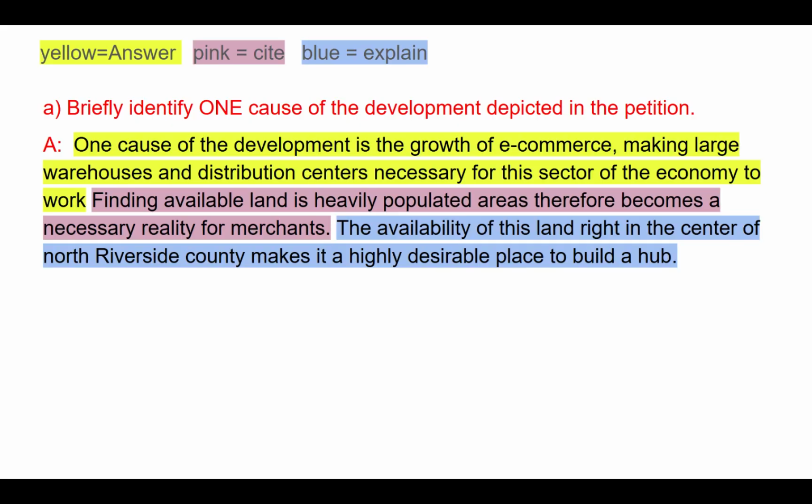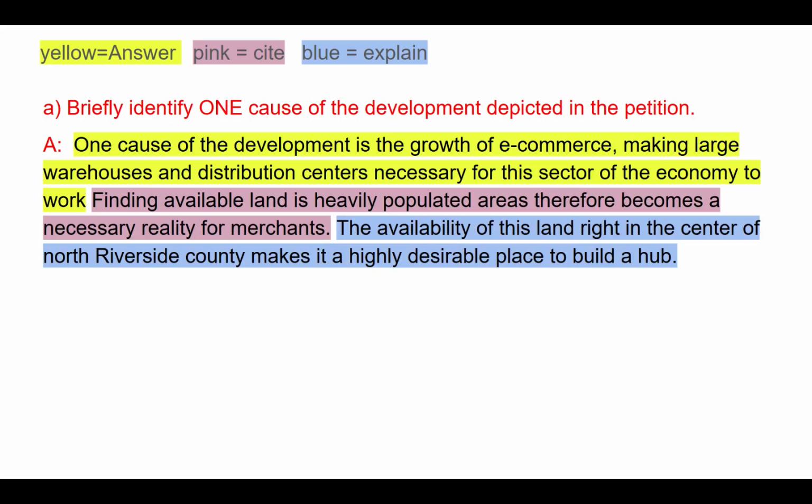It noted there's 50,000 acres of available land. And then the blue highlight is indicating why that matters. The availability of this land right in the center of North Riverside County makes it a highly desirable place to build a hub. So there you have an ACE of letter A.